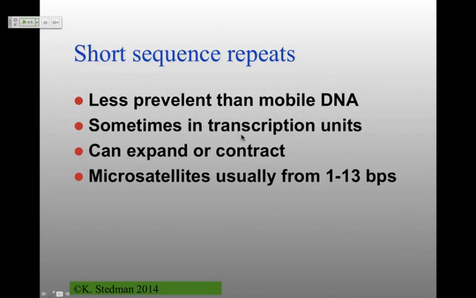You can get more copies, you can get fewer copies every time you replicate your genome. Sometimes these are in transcription units, i.e. leading to genes, and we'll see there are a number of particularly neurodegenerative diseases that happen because of this. They're, however, still less prevalent than a lot of these transposons.